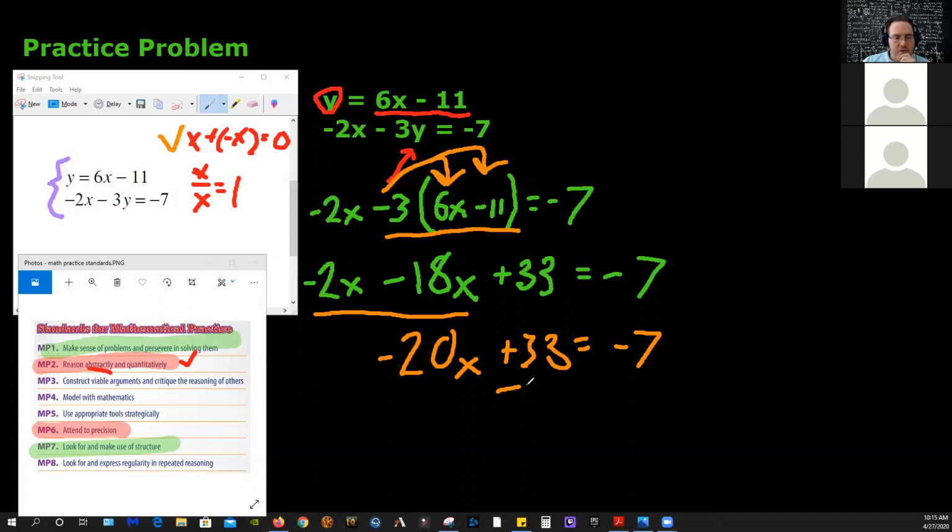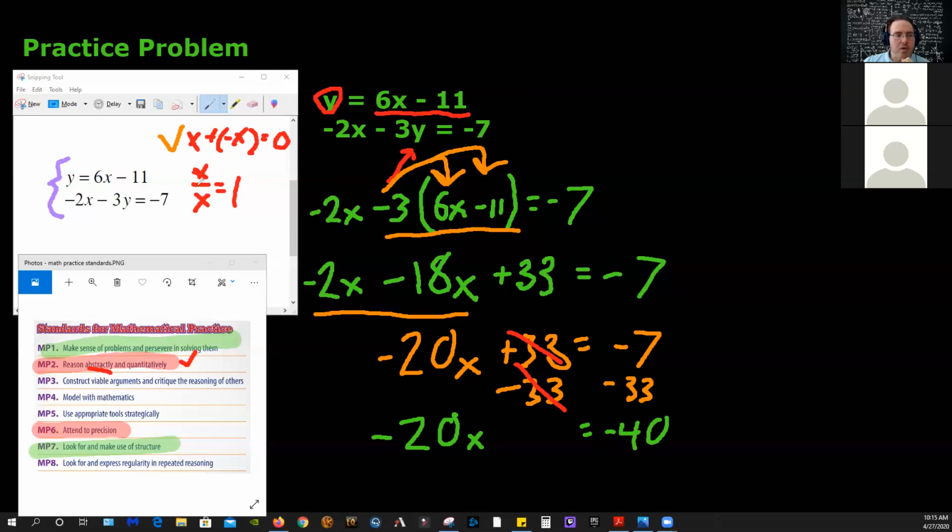If I subtract 33 from both sides, that would make it 0. In our own vernacular, we say that cancels out. So we have negative 20x equals, now negative 7 minus 33 is negative 40.